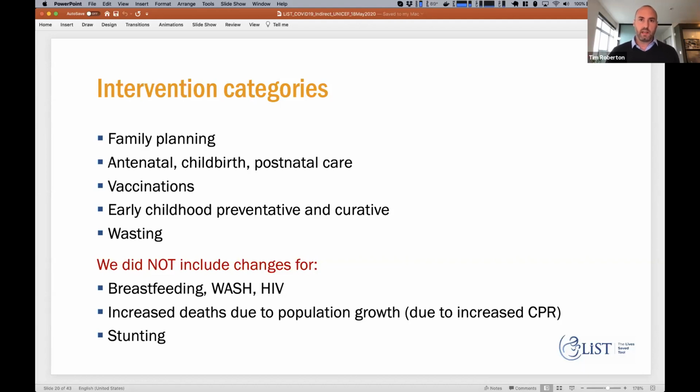We did not consider that in the model. We just assumed that population would stay constant, given the time periods we were interested in. And as we say in the paper, we didn't include any changes for stunting, just because stunting takes a while itself to be effective. And for our analysis, we were concerned mostly with those short time periods, so we didn't include that in the model.